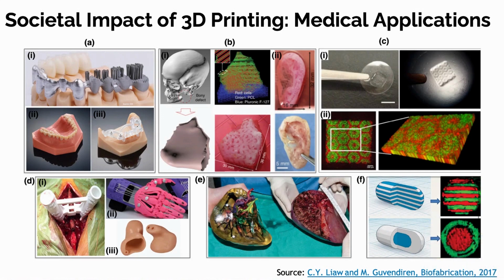it shows dental implants and tissue constructs to biomedical devices. On the bottom left, that's panel D. These are various kinds of biomedical devices that have been 3D printed, various kinds of tissue constructs that have been 3D printed, to drugs and their Raman spectra on the bottom right.